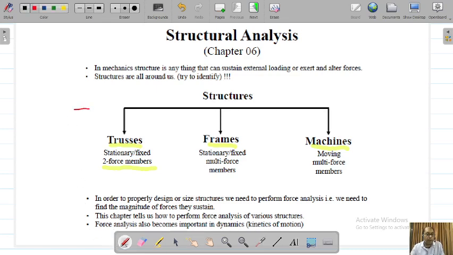If you take a beam, it will always have some sort of an external load acting on it.